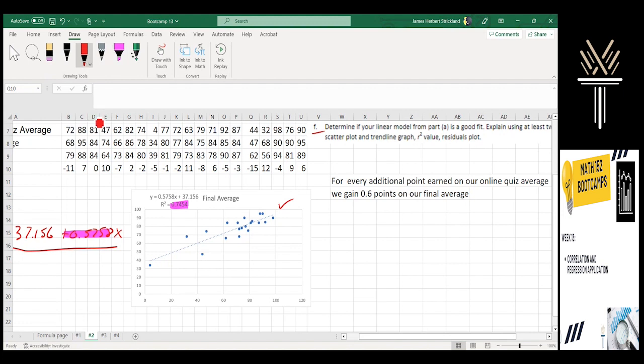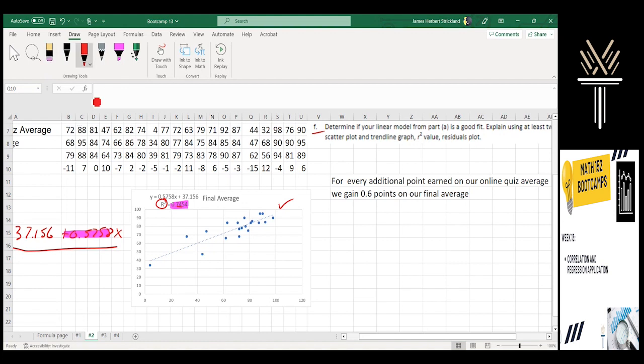What this R squared, the coefficient of determination, is telling us is that this line here is roughly explaining about 75% of the variation in the dots. It explains roughly 75% of how the dots change as we go to the right.